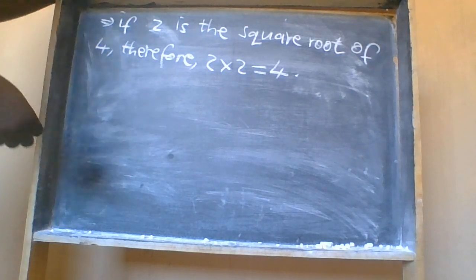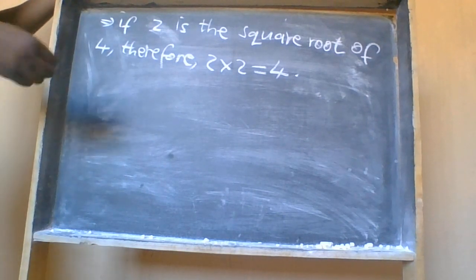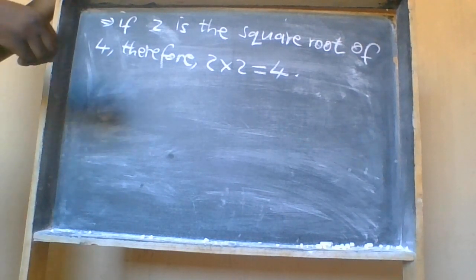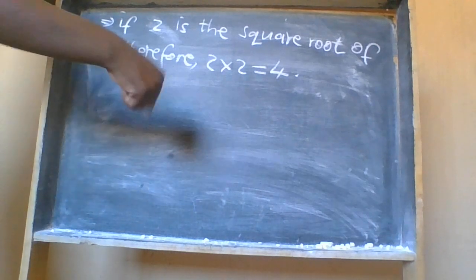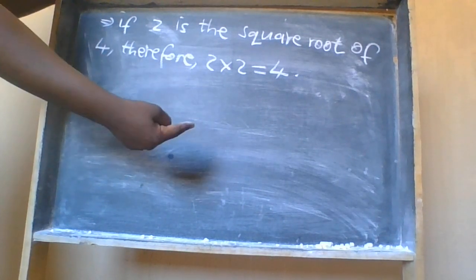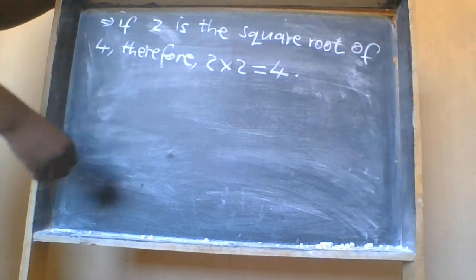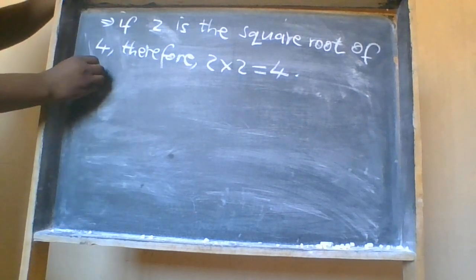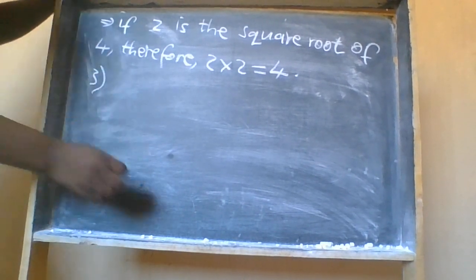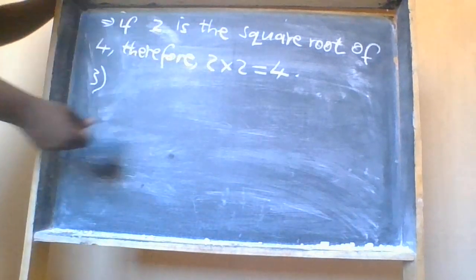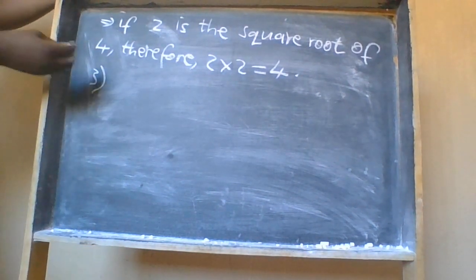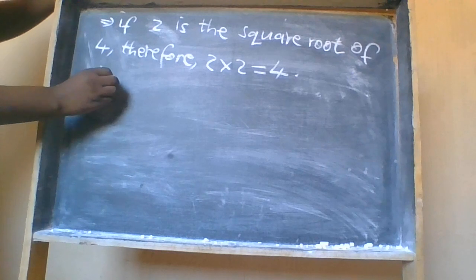That number is 2, which means before 4 was given, there was a certain original number which gave us 4, and that is the square root of 4, which is 2.